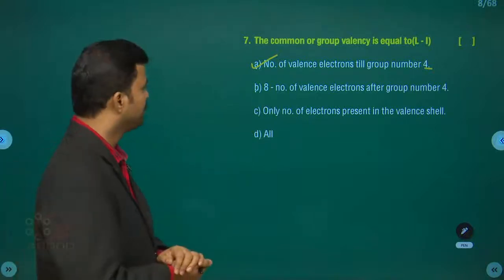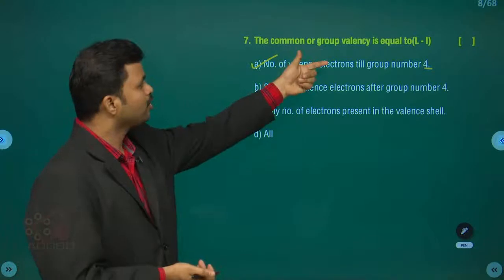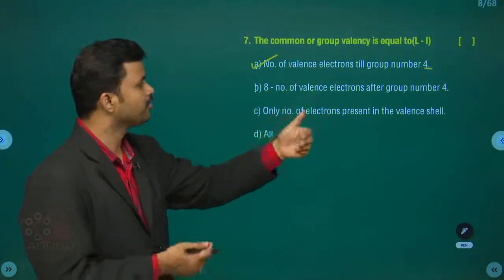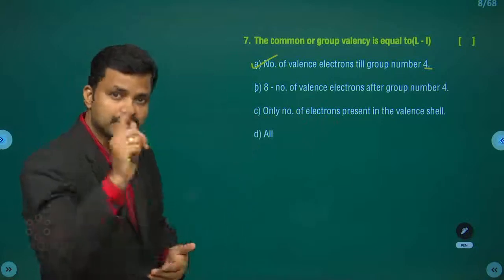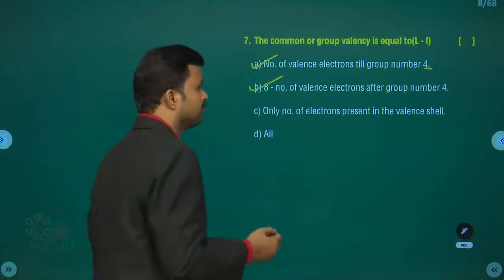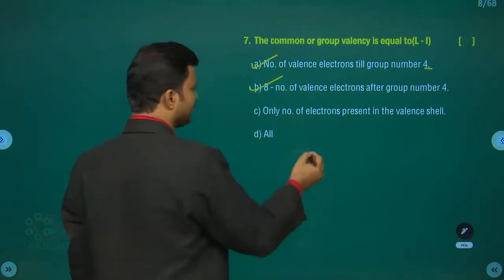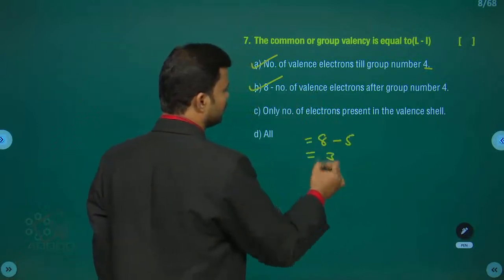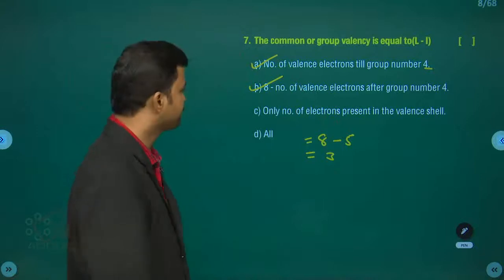Okay. Then common or group valency is equal to 8 minus the number of valence electrons after group number 4. Yes, it is accepted. Let us take the nitrogen atom: 8 minus 5, its group number, so nitrogen's combining ability is 3.